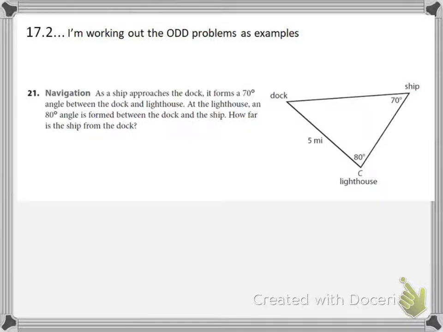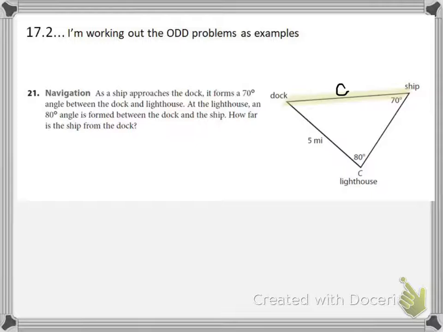So I'm really looking for this side right here. I think it's going to be easier if I throw some letters on there. Lighthouse, they told us, is at C. That makes the side we're looking for a lowercase c. Everything else I need probably has numbers already.